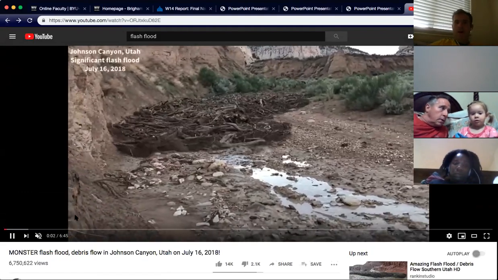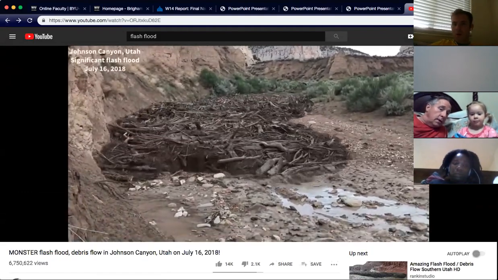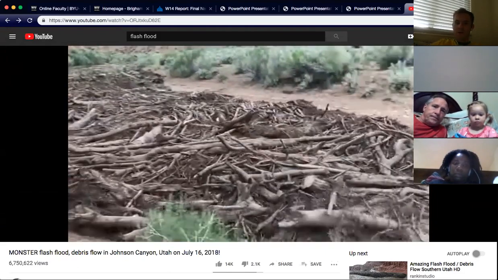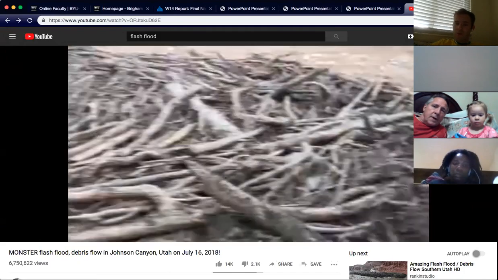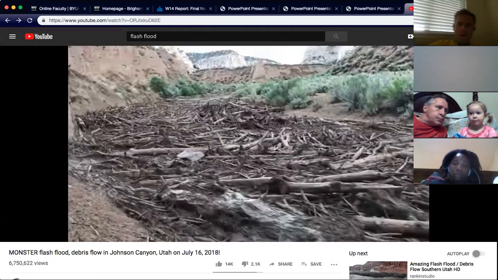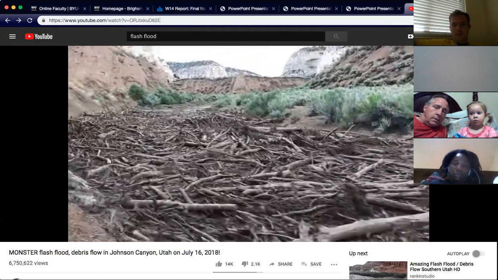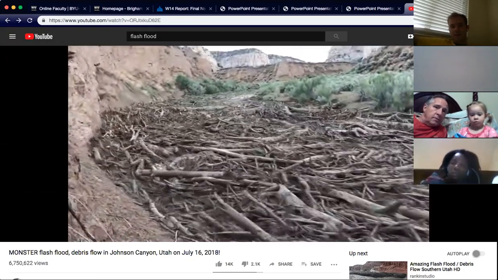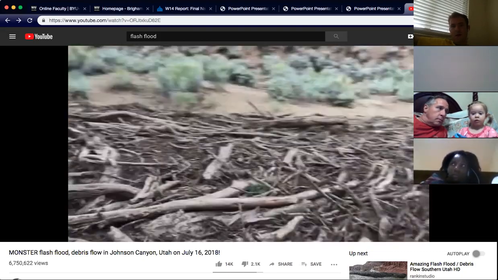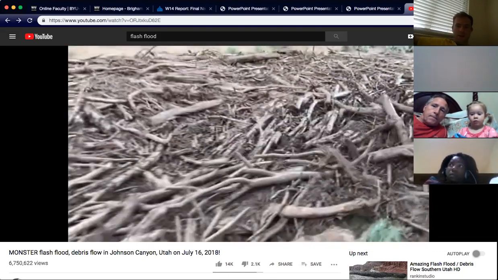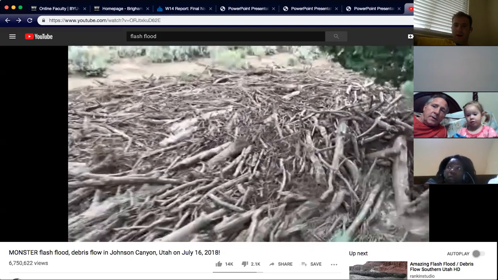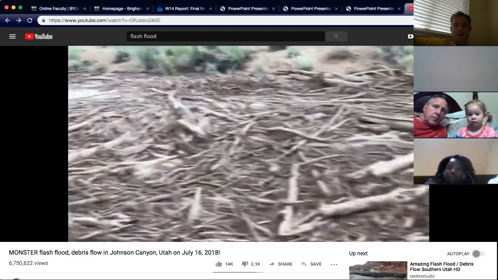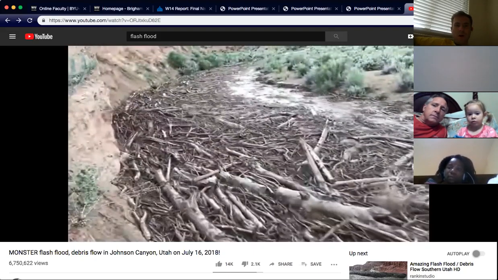So you can see this is a flash flood just coming down a gorge. There was some big rainfall back up in the mountains, and they move quick. They move really, really quick. These are a little more common in arid to semi-arid regions, like desert, like Arizona, Utah, Colorado, different places like this. And basically what's happening is there's so much water coming down, the soil can't accommodate it.